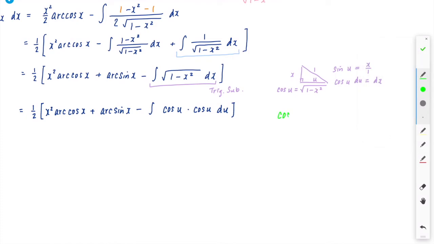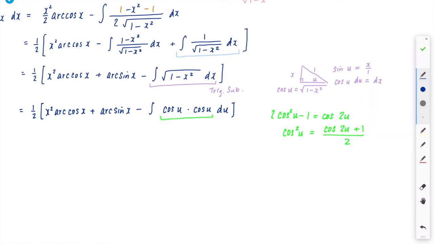We want to relate cosine squared u to some kind of trig identity, because we know integrals of simple cosine, sine, tangent, things like that. What about this one? Aha. So cos squared u is going to be cosine of 2u plus 1 over 2. So we will do another substitution.